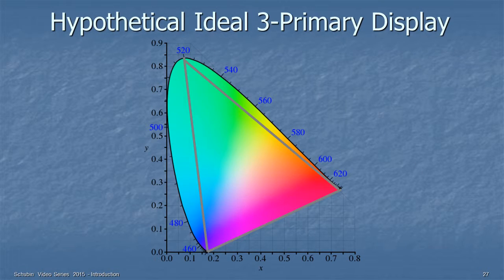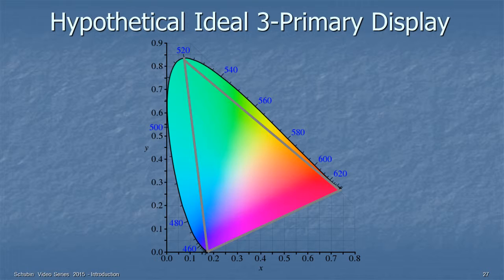And here's a hypothetical ideal 3 primary display, or an image display that has 3 colors, which is what almost all image displays use today. And we're making the red as it can possibly be, and we're making the blue as it can possibly be, and we're giving a green that might be the greenest that it can possibly be.